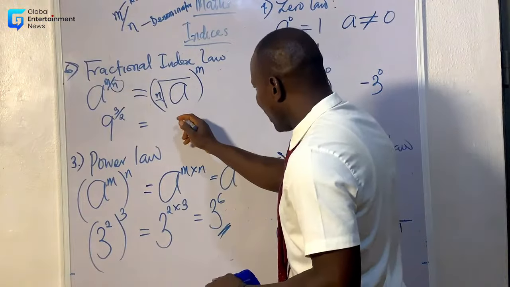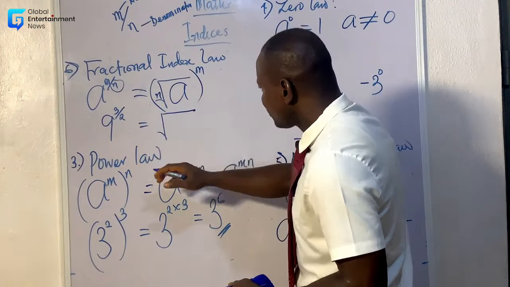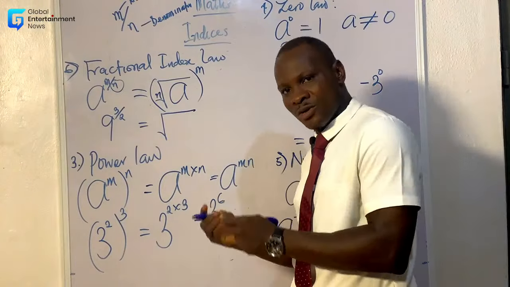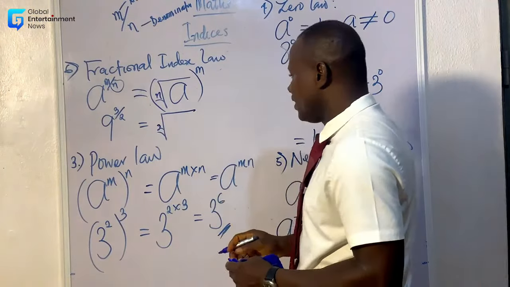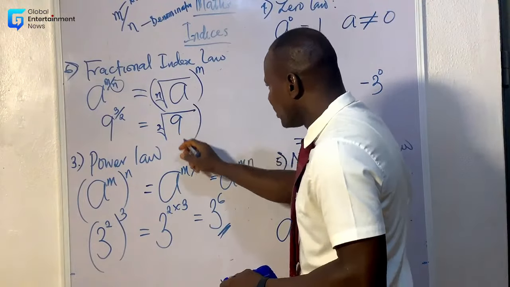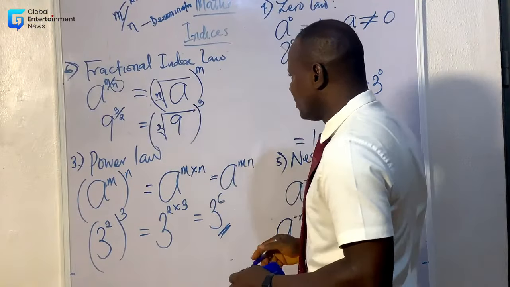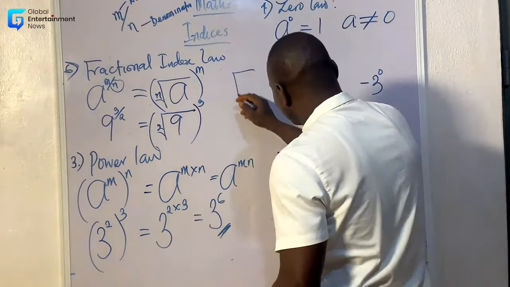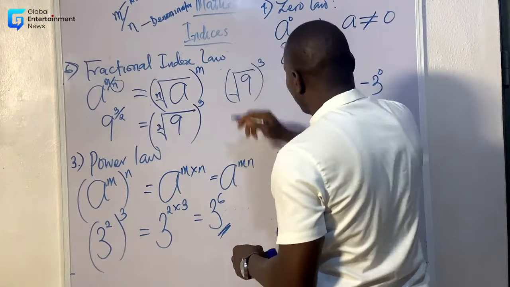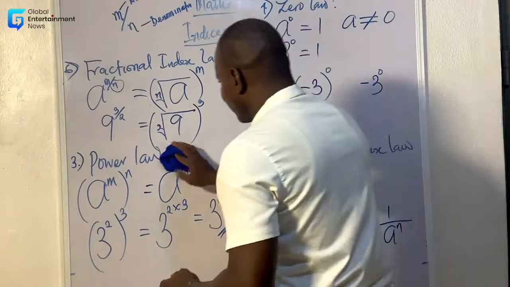Like this, we have the square root, or the second root. If I put 2 here, it's going to be the second root of 9, all raised to power 3. It's the same thing as the square root of 9, all raised to power 3.